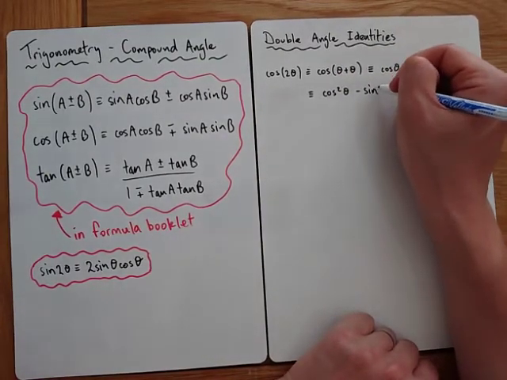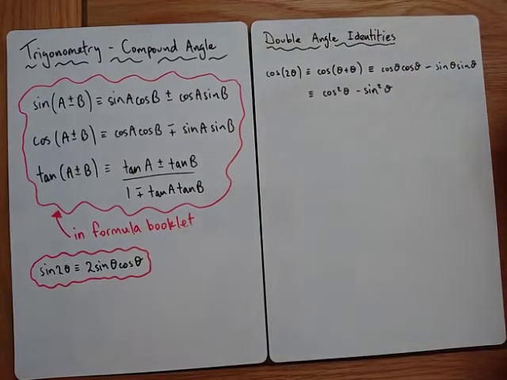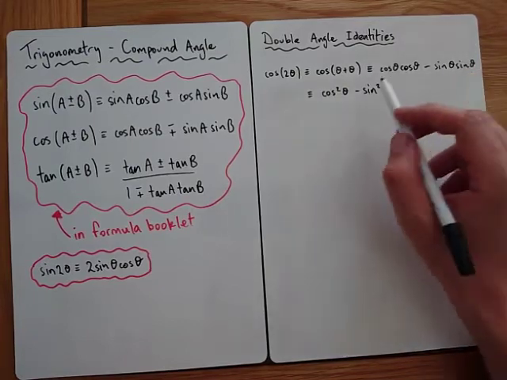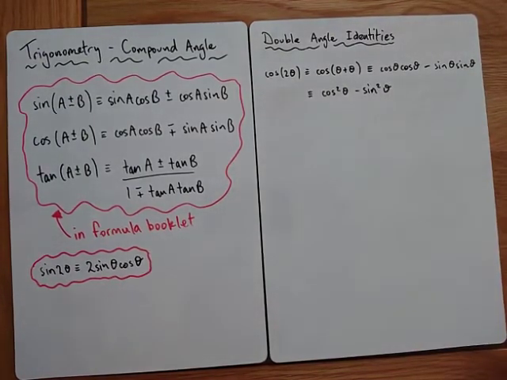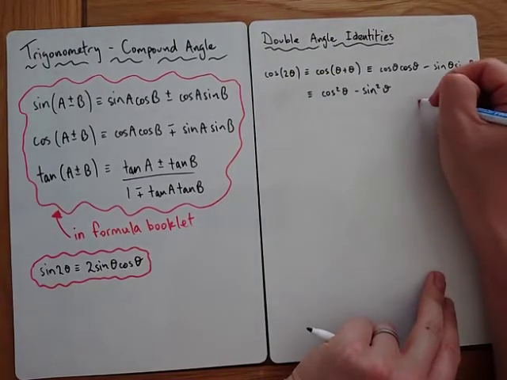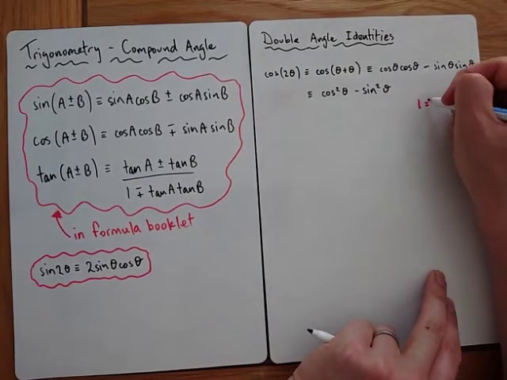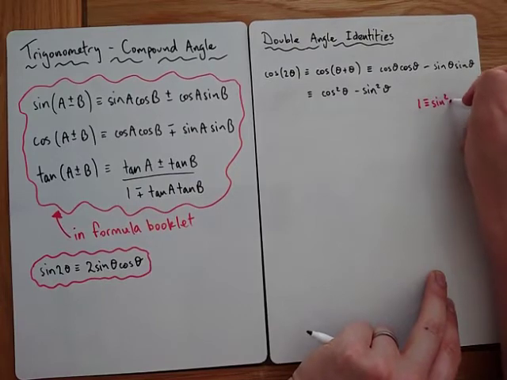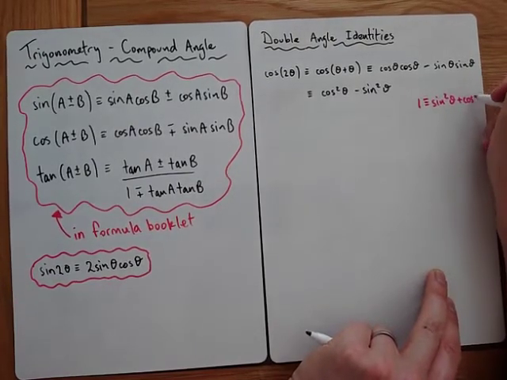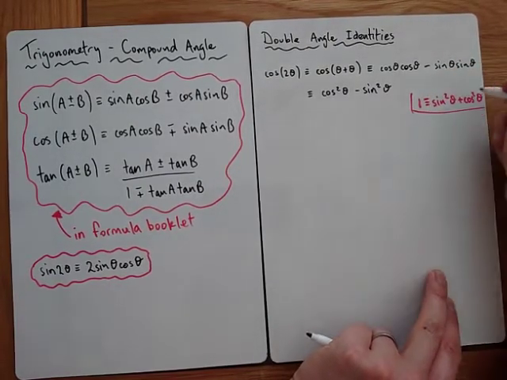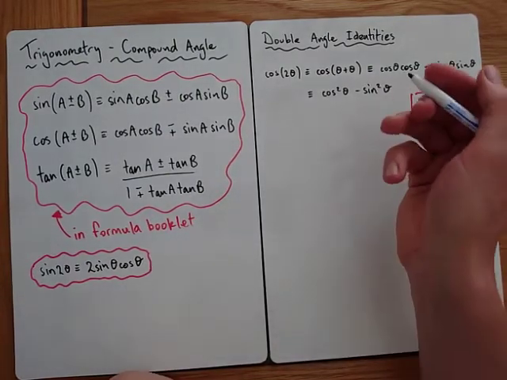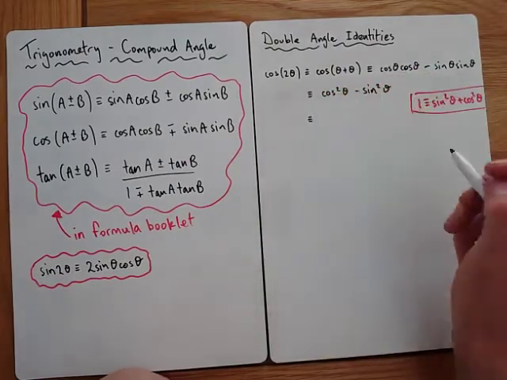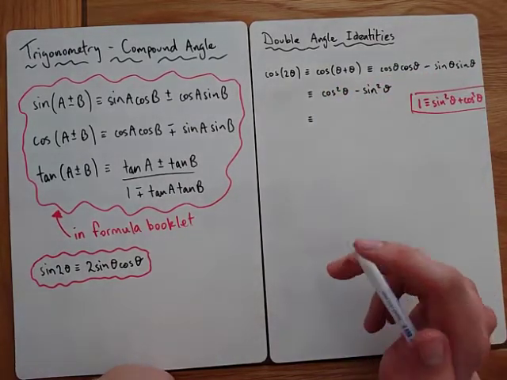That form of the identity is actually not very often used at all, okay? Because we've got an expression with cos squared and with sine squared in, obviously we know that 1 would be equivalent to sine squared plus cos squared. So we can use this identity and combine it to get an identity just with cos squared in and an identity just with sine squared.